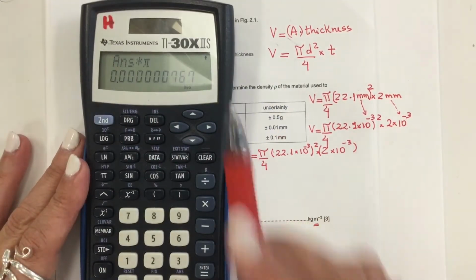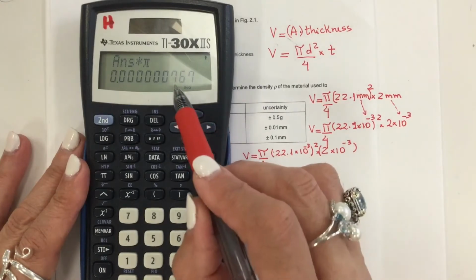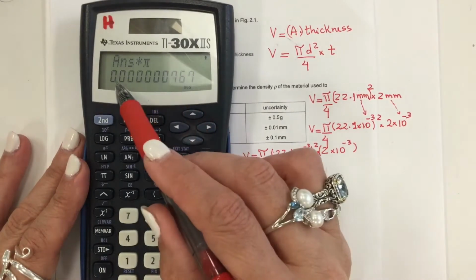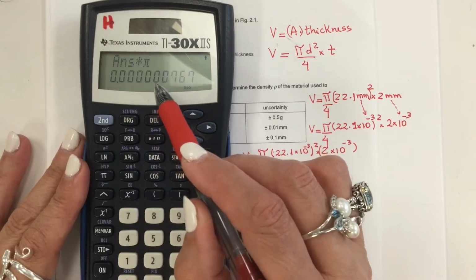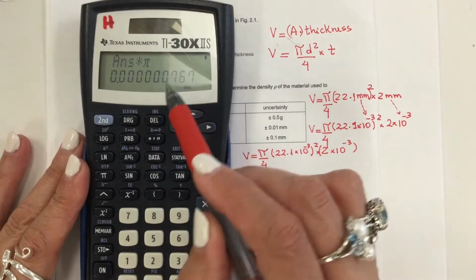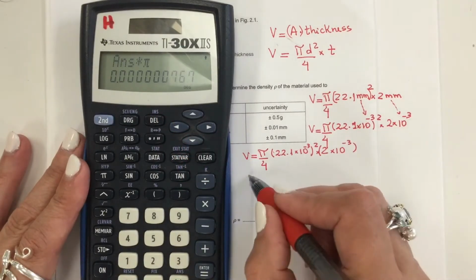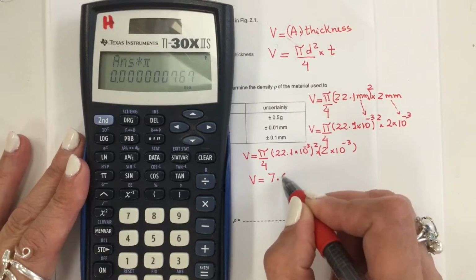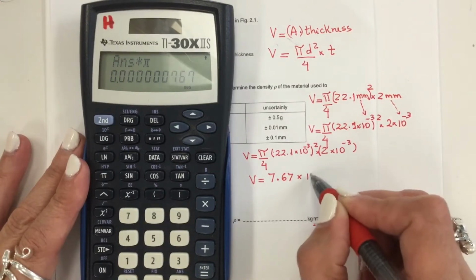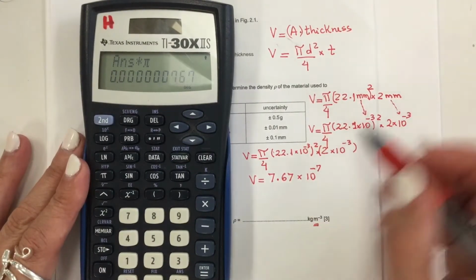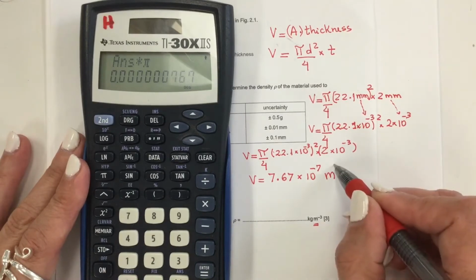I'm going to write this in scientific notation, so the decimal should be here. So 1, 2, 3, 4, 5, 6, 7. 7 point, so V is 7.67 times 10 to the minus 7, now in cubic meter.